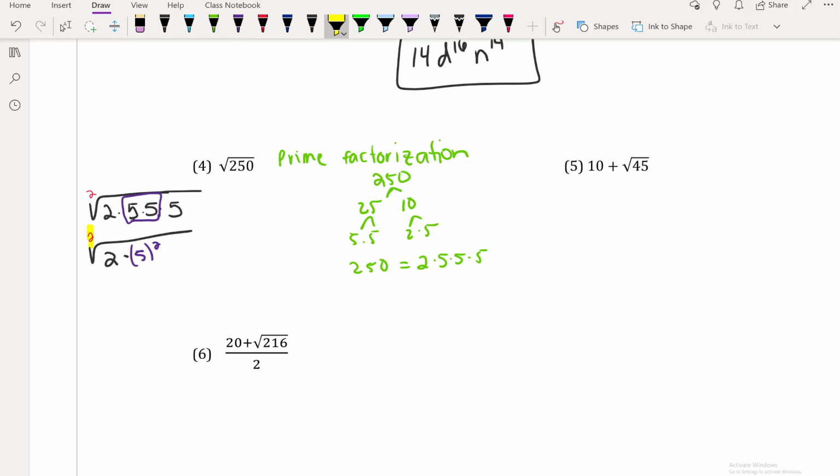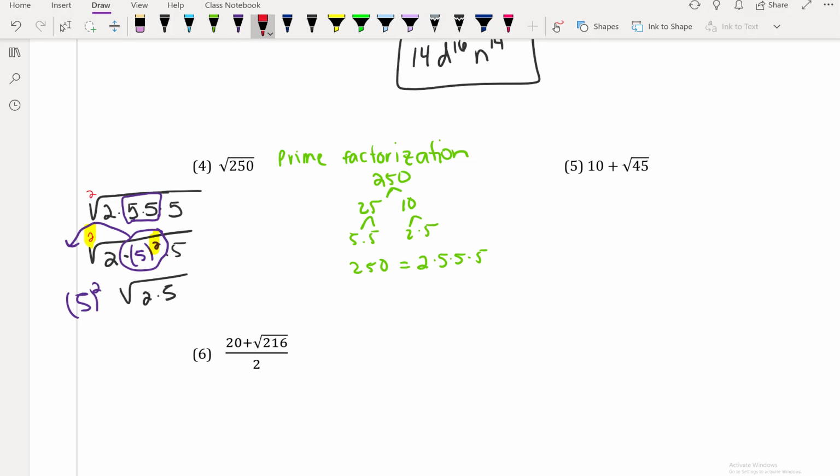Remember, that index is going to drive that power. So the only thing that can be taken out is that 5 squared. So on the inside, I still have that 2 times that 5, but now this 5 squared gets jumped out.